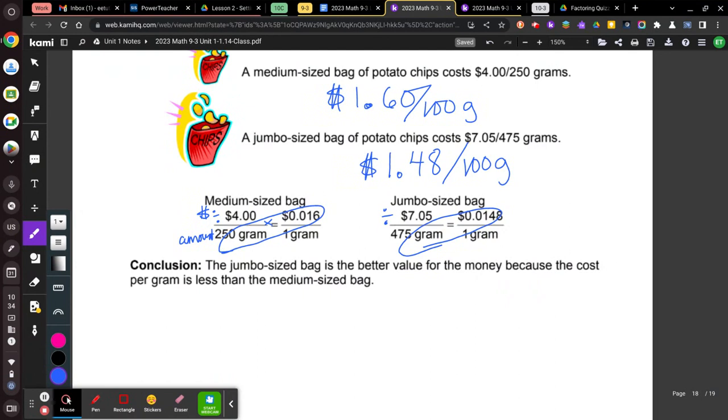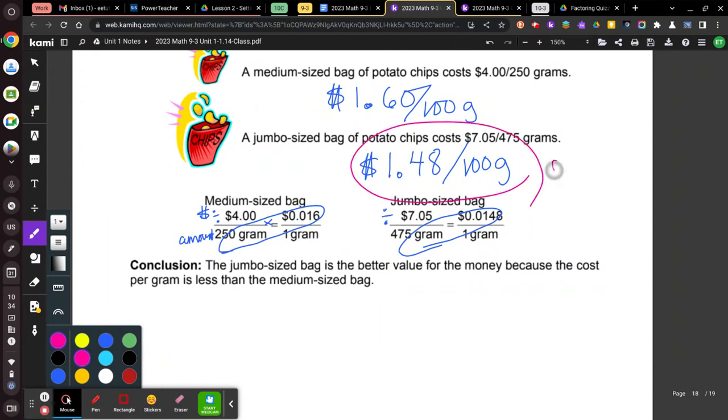Which one is cheaper, $1.60 or $1.48? 60 cents or 48 cents? 48 cents is cheaper, so that is our cheaper deal. We always want to find the cheaper deal. In this case, it's telling us the jumbo size is our answer.